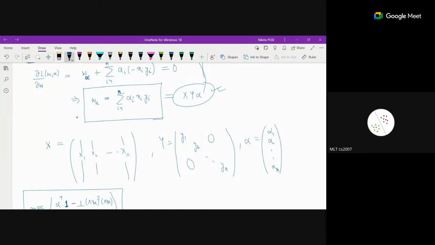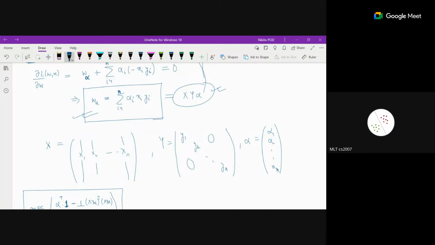Using this W, which is the sum of alpha_i x_i y_i, we will be able to know which data points are contributing towards finding that optimal W. And how do you check that? In case your alphas are 0, we can say that those data points are not contributing in finding my W.